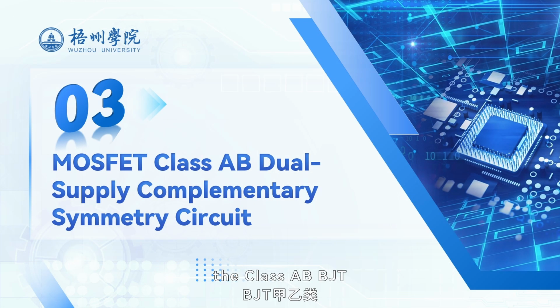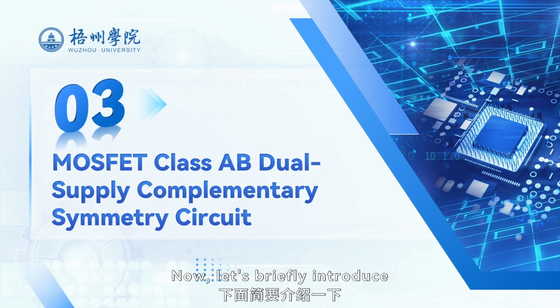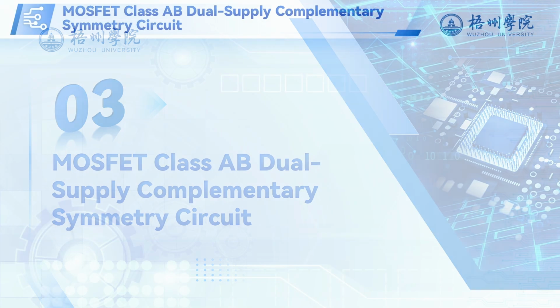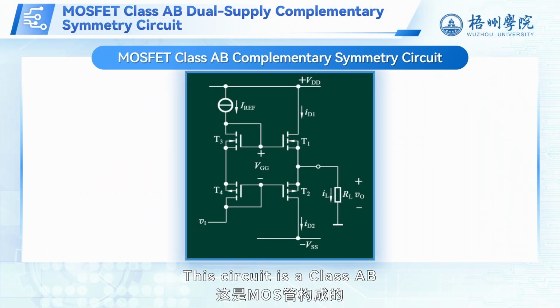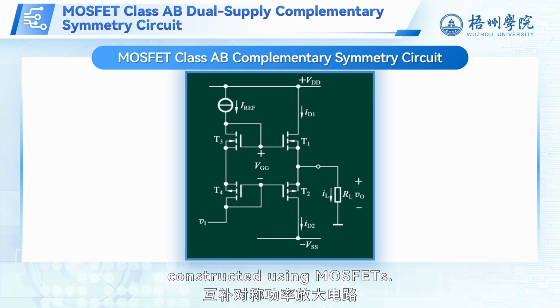Previously, we discussed the Class AB BJT single supply complementary symmetry circuit. Now, let's briefly introduce the Class AB MOSFET dual supply complementary symmetry circuit. This circuit is a Class AB complementary symmetry power amplifier constructed using MOSFETs.